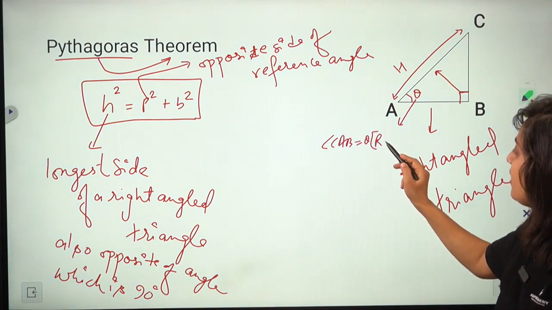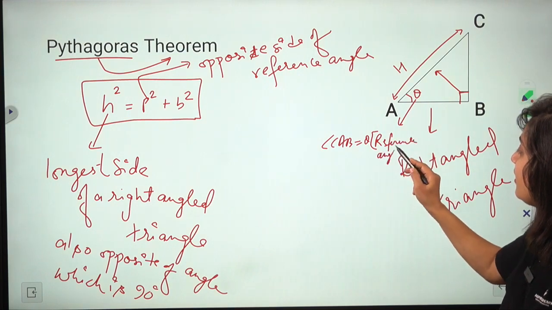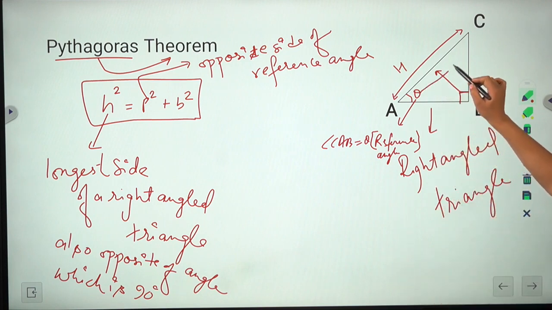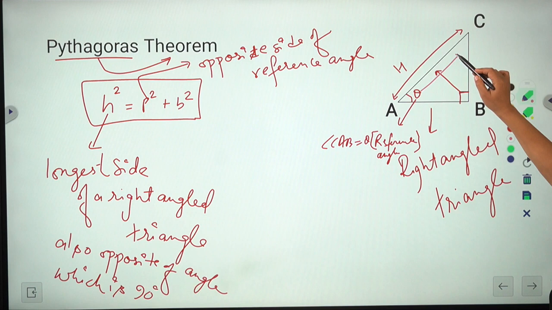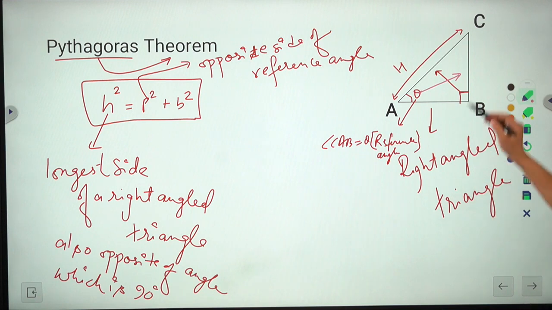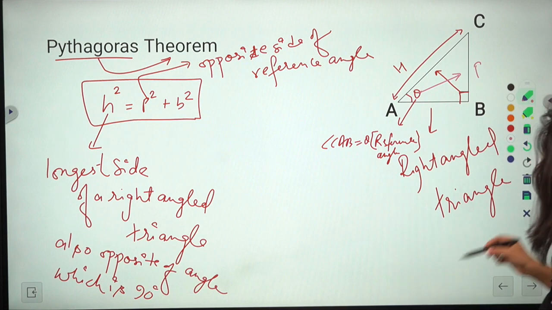This is the reference angle. Clear? And the opposite of this angle, see, opposite of this angle is this side. And this is P. Clear? Opposite of the reference angle.